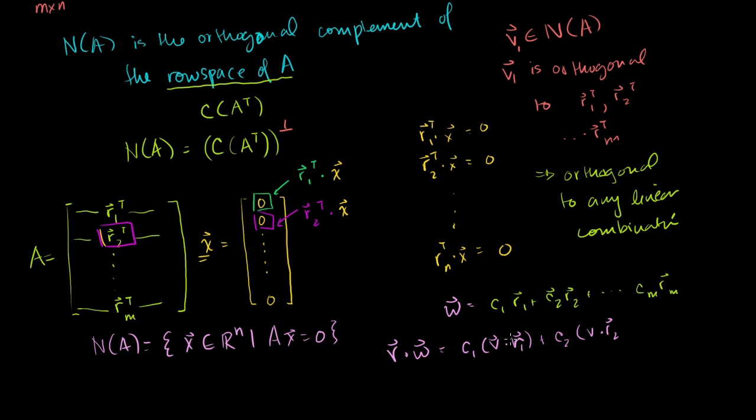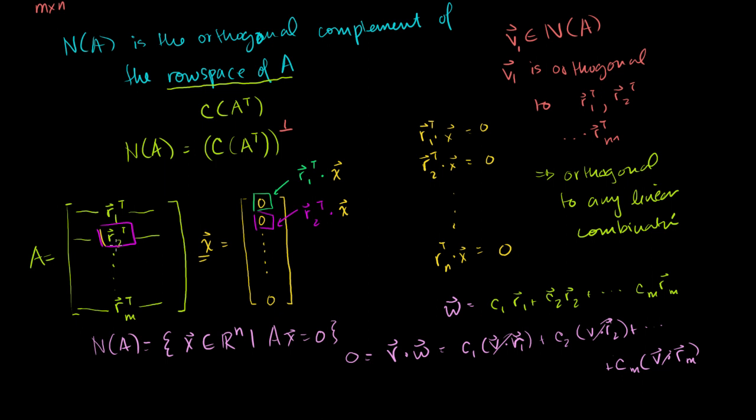This is an R right here, not a V. Plus all the way to plus Cm times V dot Rm. And we already just said that V dot each of these R's is going to be equal to 0. So all of these are going to be equal to 0. So this whole expression is going to be equal to 0.